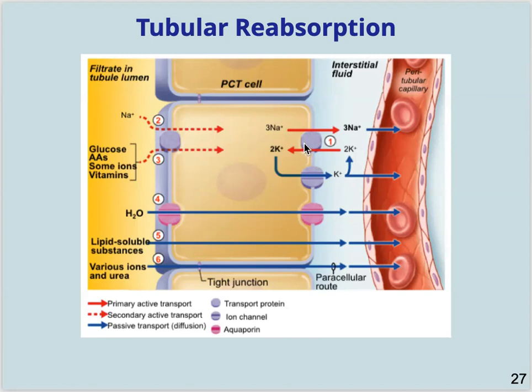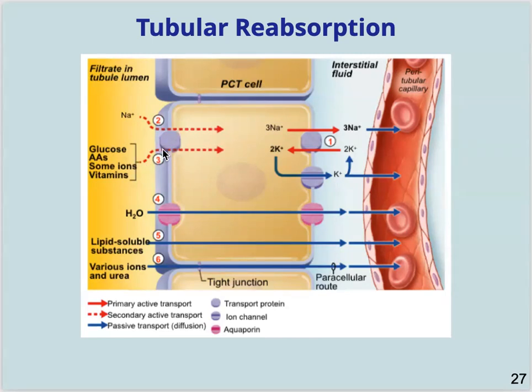Now, because of this pump, we're able to maintain a low intracellular sodium level inside the cell. And this actually allows for the secondary active transport of other solutes. So secondary active transport is a transporter protein that couples the movement of an ion, usually sodium or hydrogen, down its electrochemical gradient to the uphill movement of another molecule or ion against its concentration or electrochemical gradient.